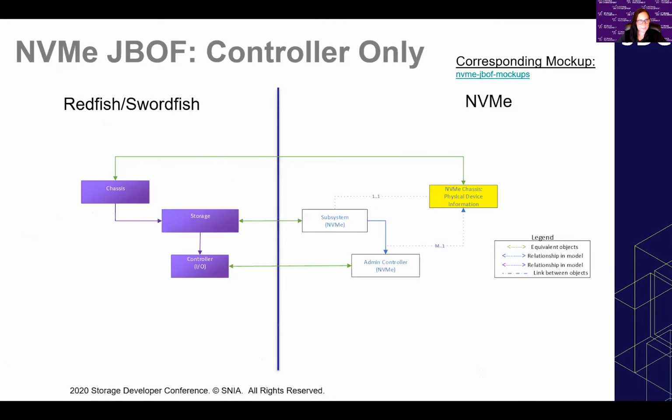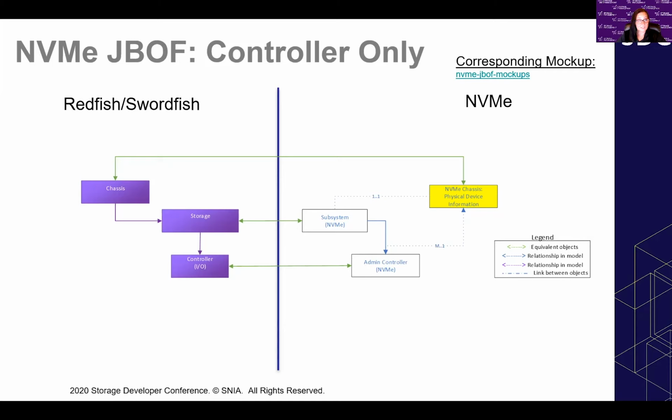All right, one more example, a JBOF. There are lots and lots of different kinds of JBOF, so let me put a disclaimer on what this one actually looks like. This one is basically front-ending a bunch of PCIe drives, PCIe front-end drives, not Ethernet attached or anything like that.